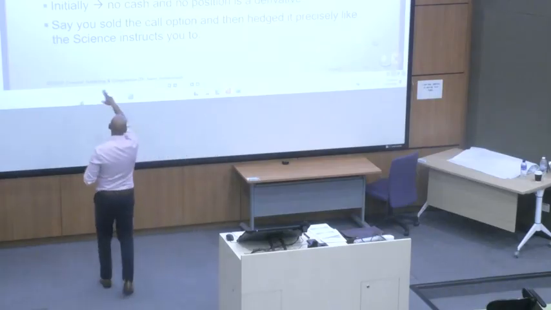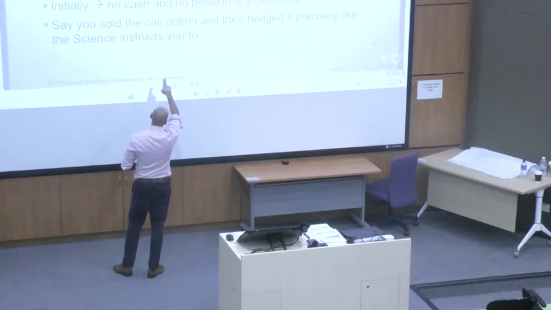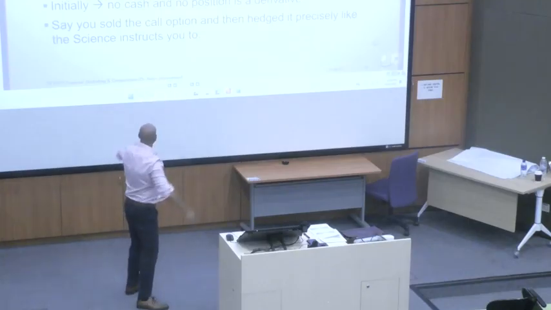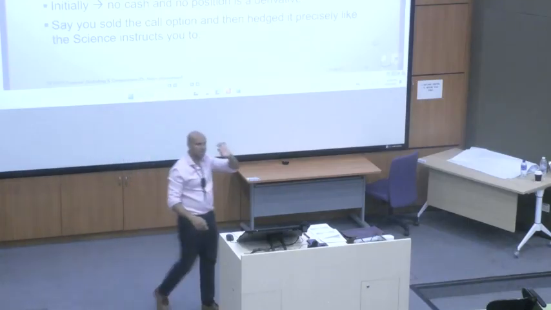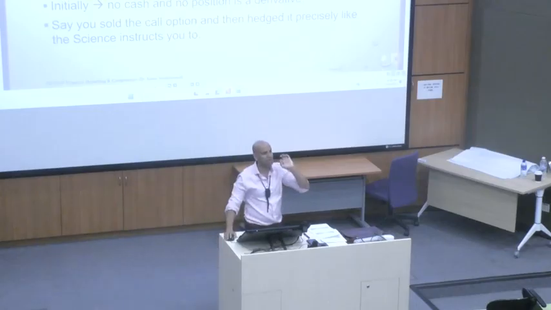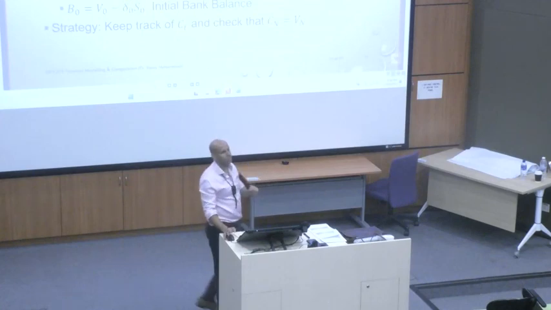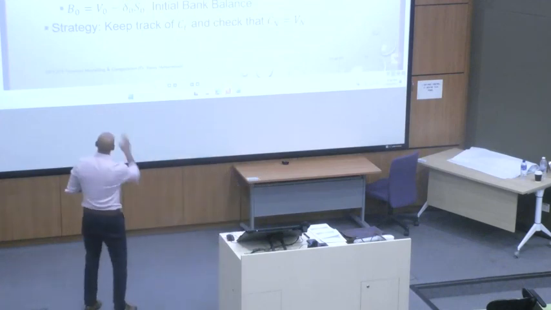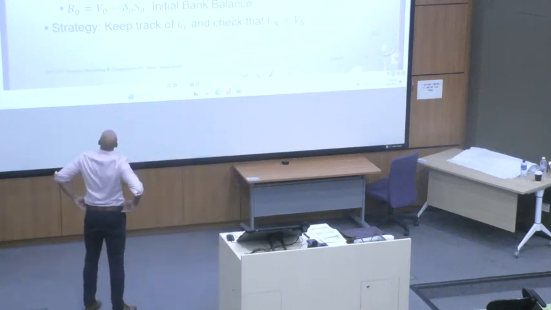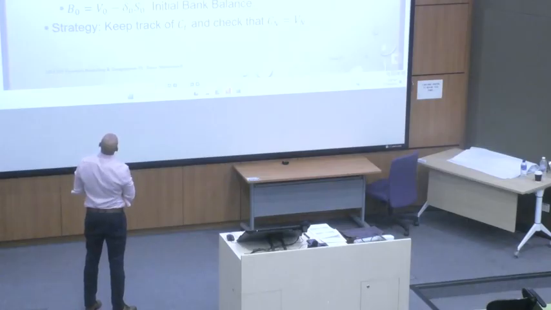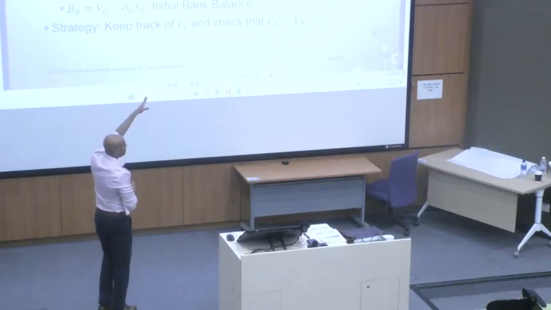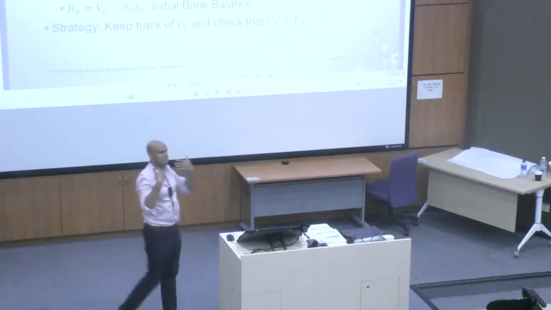So you sold the call option, and we're going to assume it's a call option, and we hedge it precisely as the science instructs us to. And it is science. Just follow them blind. Follow the algorithm, follow the formulas without thinking. And this is a kind of pseudo algorithm. At time 0, we sell the derivative for V0, V0 comes in.